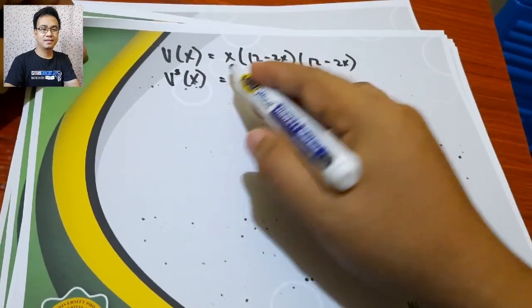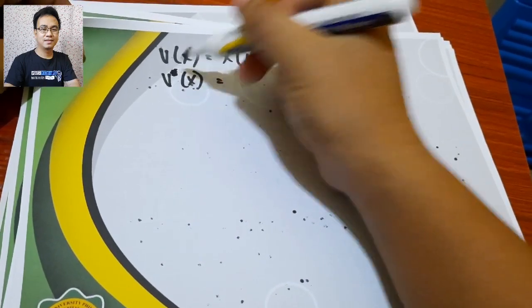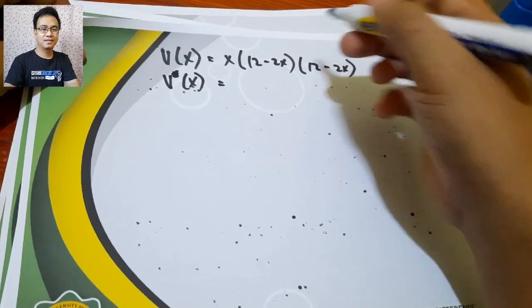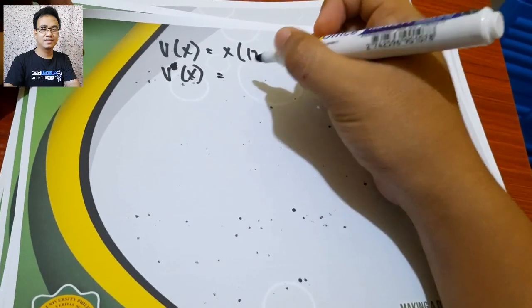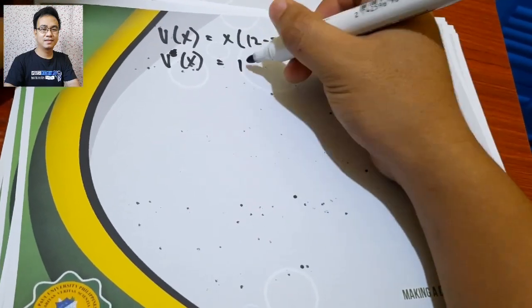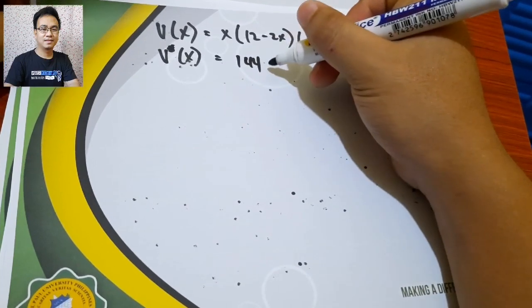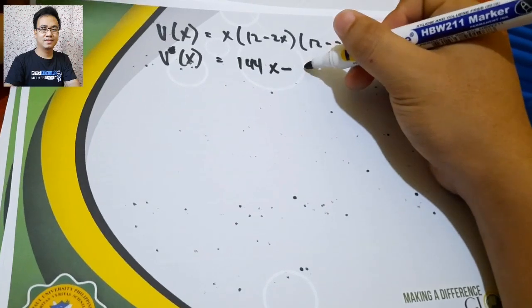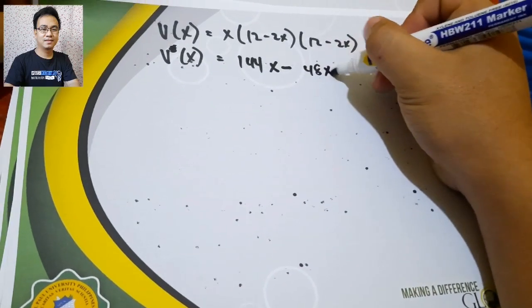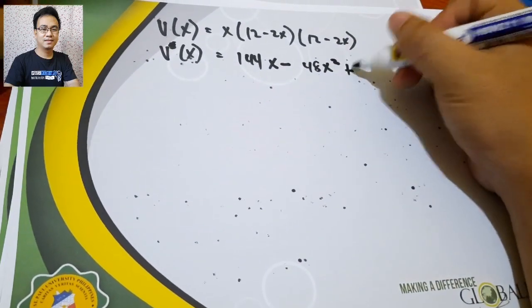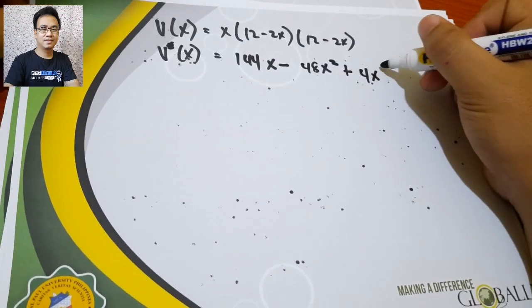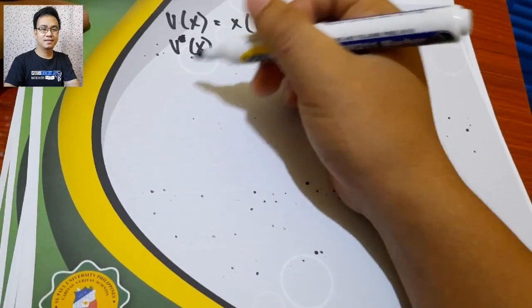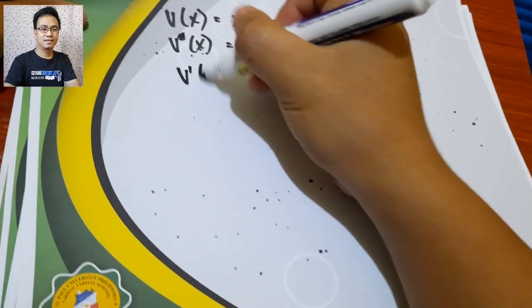Before we find the first derivative, let me expand first the function. This is equal to 144x minus 48x squared plus 4x cubed.